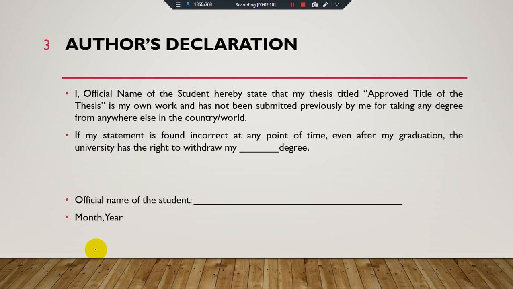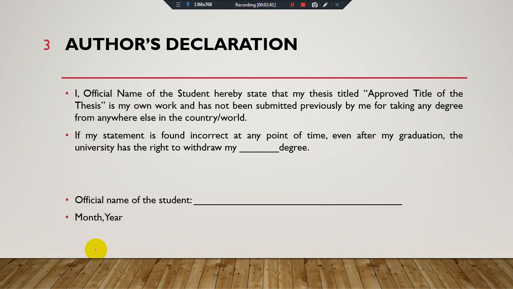And then in the second page we have the author declaration. You have to mention here the title of the thesis, and you have to give the statement that you are submitting this thesis for this particular degree, and you have not submitted this thesis for getting any degree in the country or in the world.